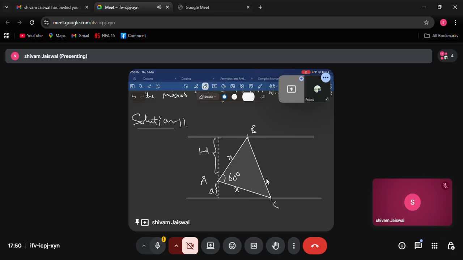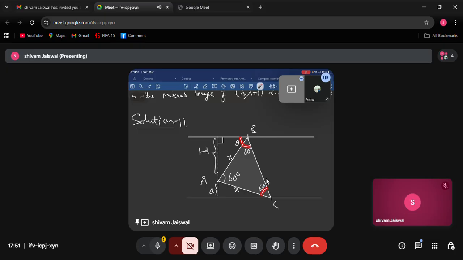It's a mistake. This is, let us say, theta. This is 90 degree. Next, this is 60 degree. This is also 60 degree. So theta plus 60 degree and this is 60 degree.